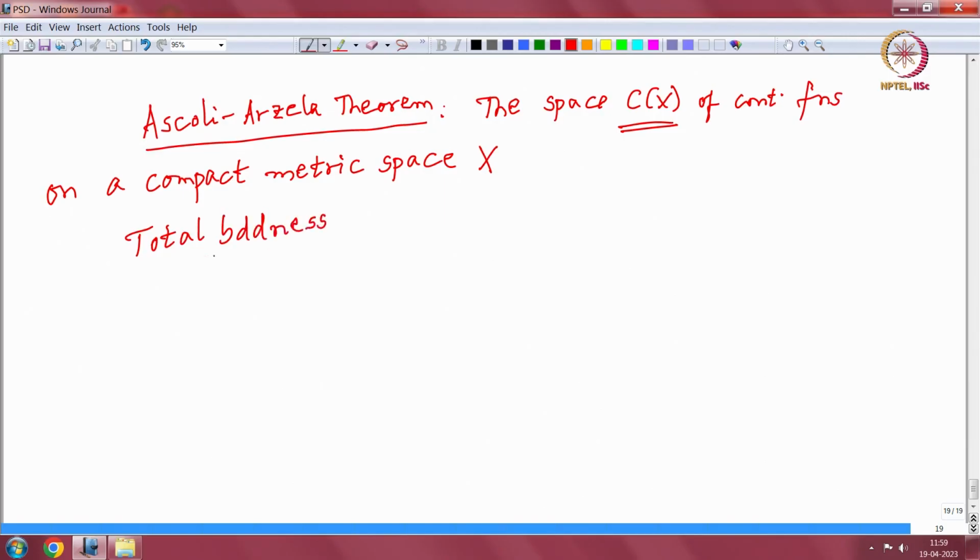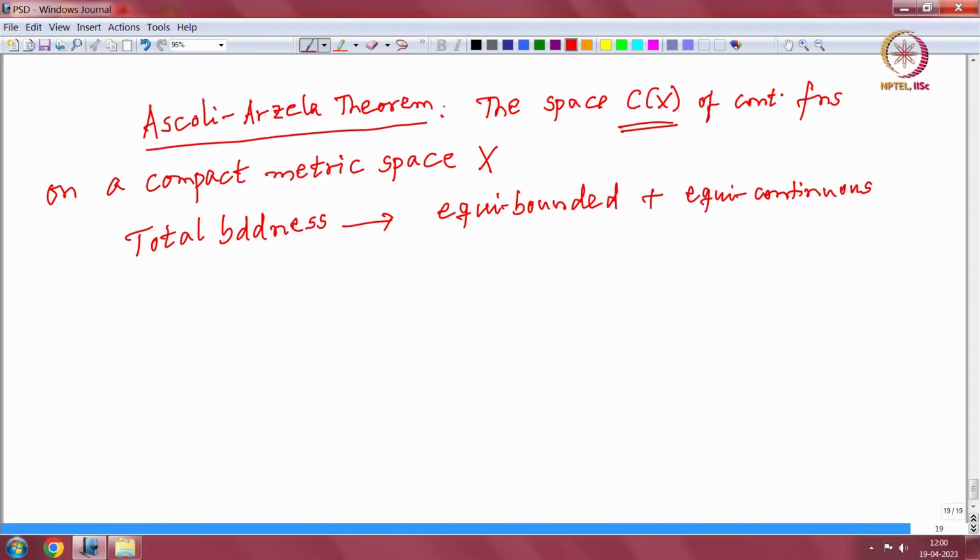is stated in terms of equibounded and equicontinuous. Just look at what you have studied regarding the Ascoli-Arzela theorem.